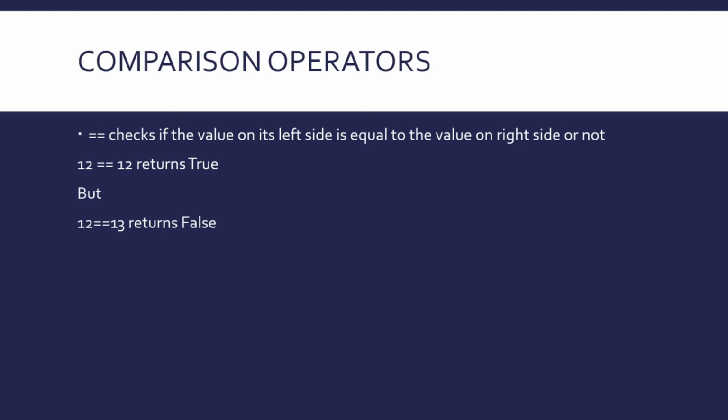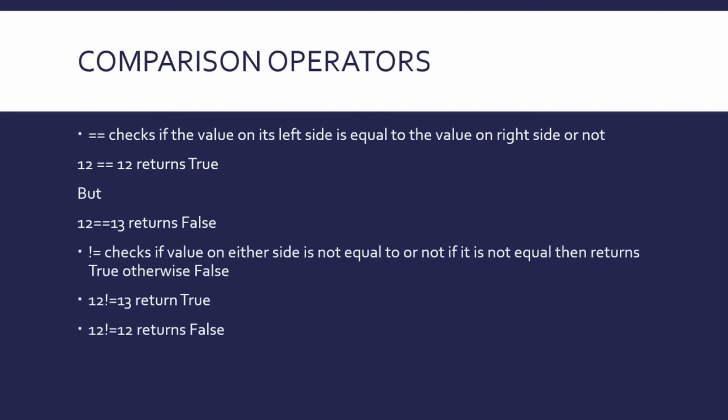Like we have given here 12, then the equality operator, then 12, which will return True because both sides are equal. But in the next line we have given 12 double equal to 13, which returns False because both the values are not equal.